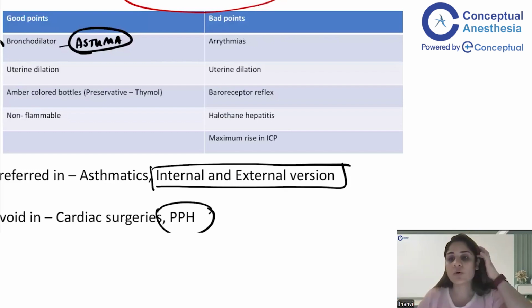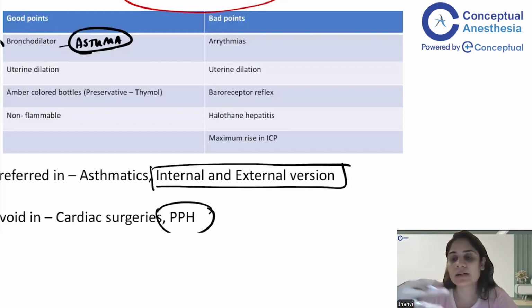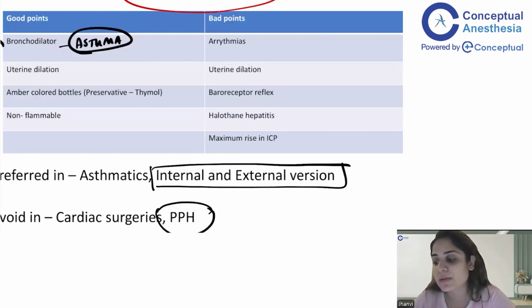If the baby is in transverse lie and you want to move the baby and get the vertex as the presenting part, how will you relax the uterus? In that case, we relax the uterus by giving halothane to the mother. When you give halothane, it causes uterine muscle relaxation.